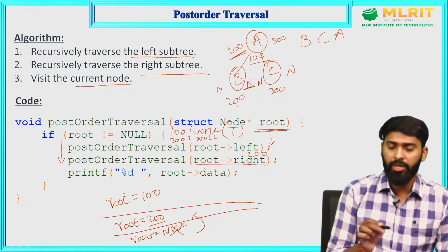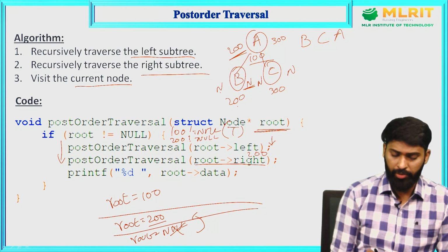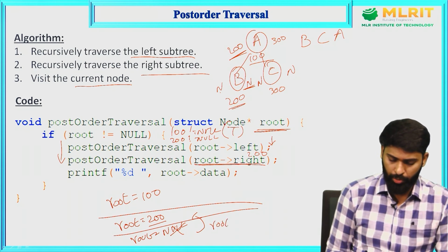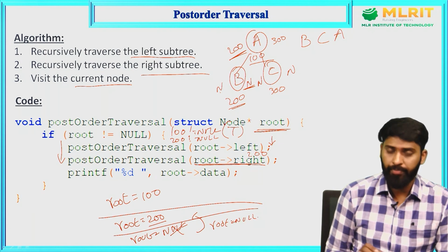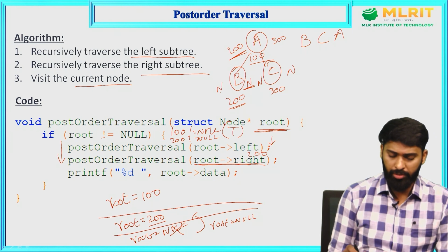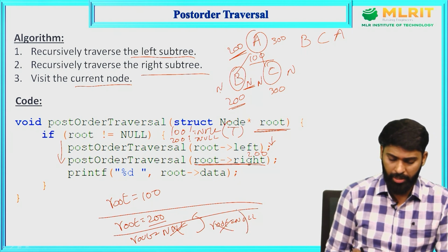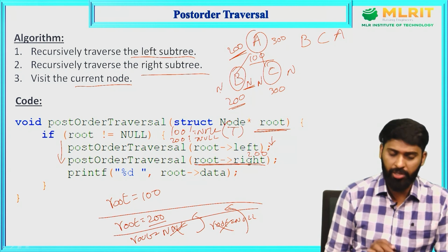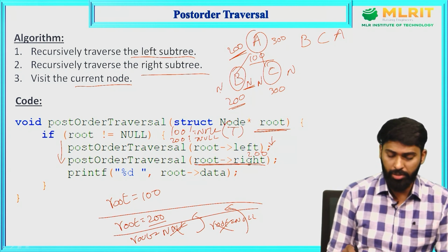Now, consider right side, again same function call with root arrow right. For 200 right is null. So, root equals to null. Now, null not equals to null, false. So, this is also terminated and again move to previous function call, that is in this function call root equals to 200. So, these two are over.